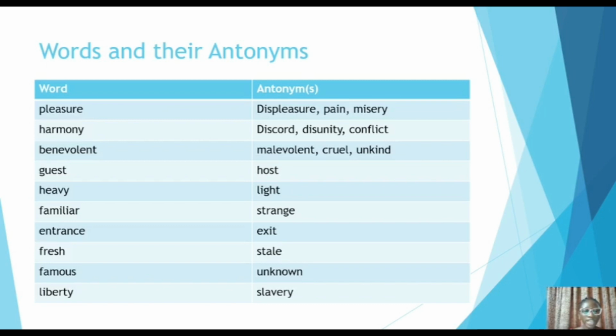But the fresh here is referring to food, probably food that is uncooked or food that is not yet boiled. And the opposite is stale. That is food that is no longer fresh. We also have famous, and the opposite being unknown. Liberty, and we have slavery as the antonym.